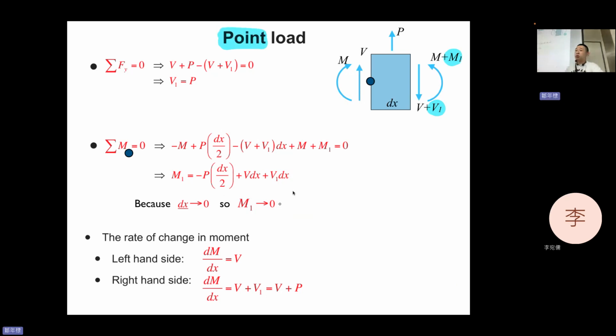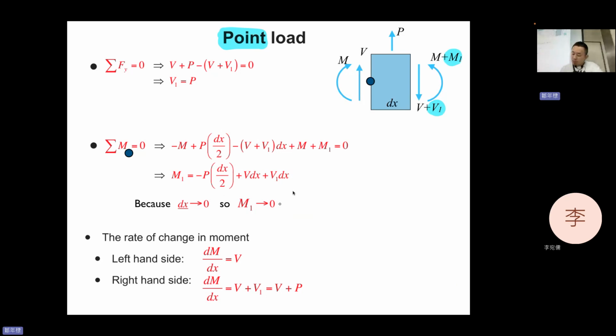It's focused. The previous distributed load is relative to the length of the dx. So if the dx is really tiny, the M1 and V1 become dM and dV.